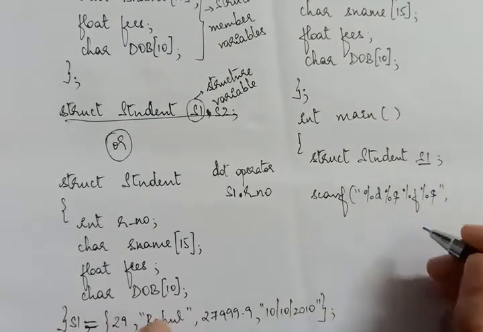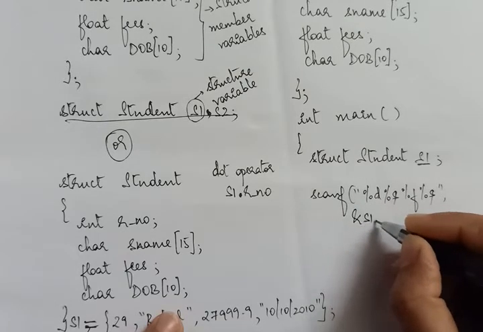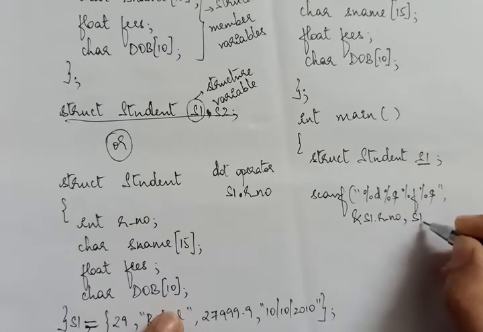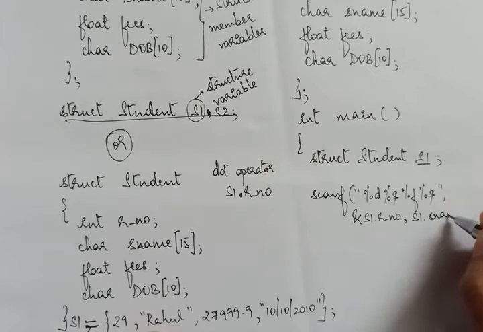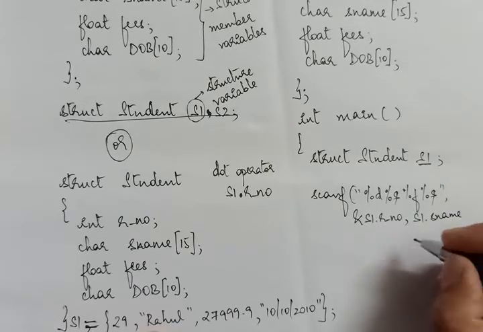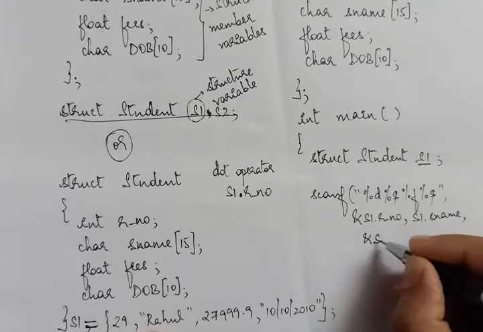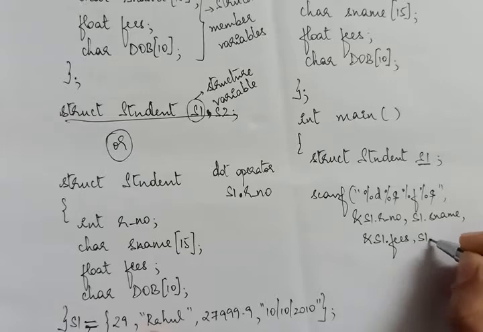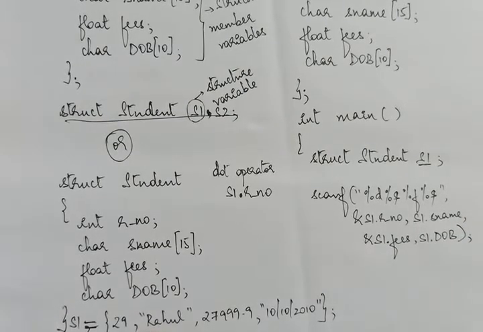So I'll just continue the statement here. So ampersand s1 dot r number, comma s1 dot s name. Since it's a character array, I need not give ampersand. Then ampersand s1 dot fees, and then s1 dot dob. So this is how you read it.